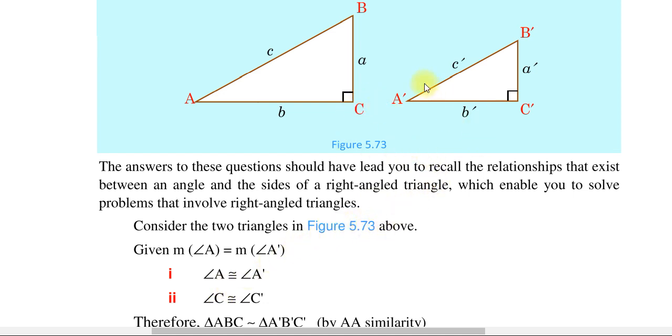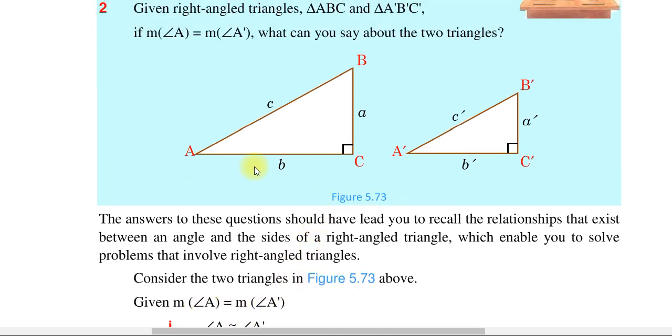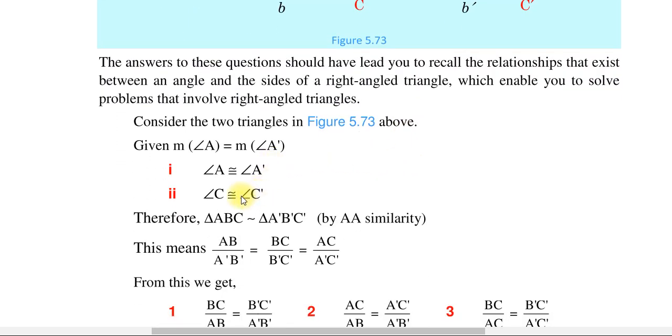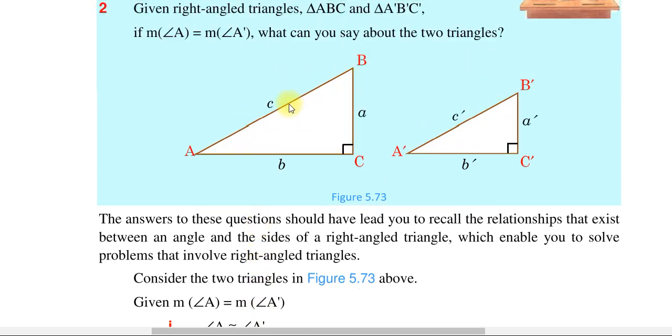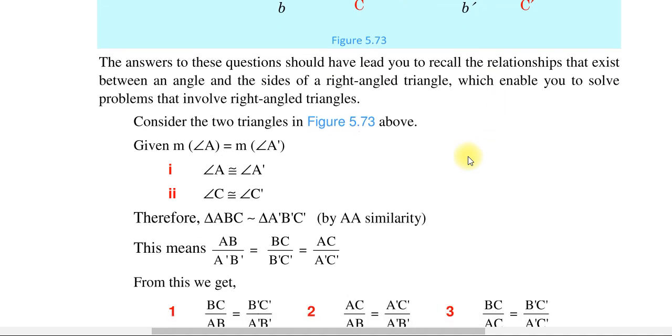The measure of angle A and the measure of angle A prime are equal, and the measure of angle C is congruent with the measure of angle C prime, since both are right angles.